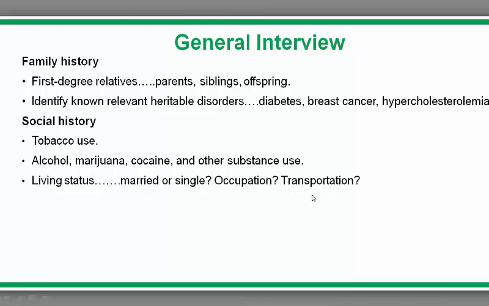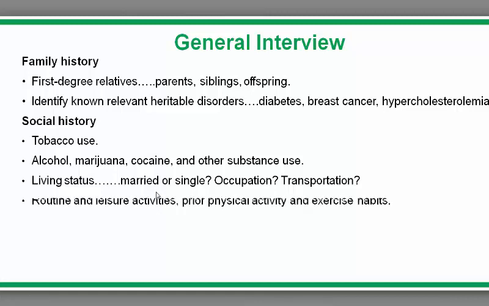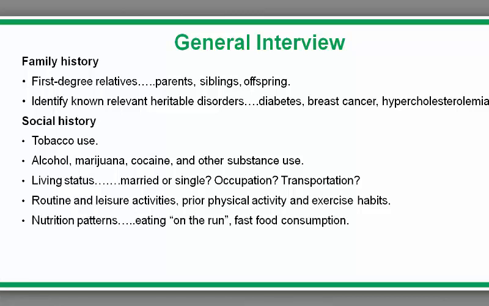And that will have an effect on how much exercise should be prescribed given their current amount of physical activity, and whether the patient is married or single can also play a role in the exercise prescription part of the exercise physiologist service. The routine or leisure activities, prior physical activity, or exercise habits will play a role in the amount of exercise that will be prescribed.